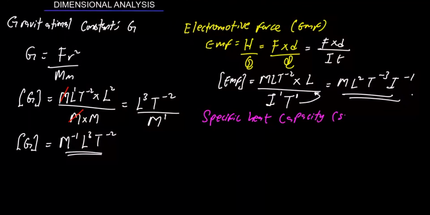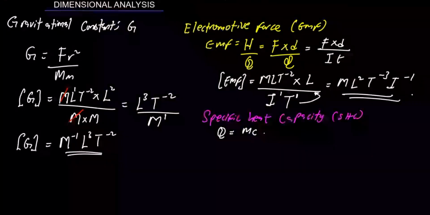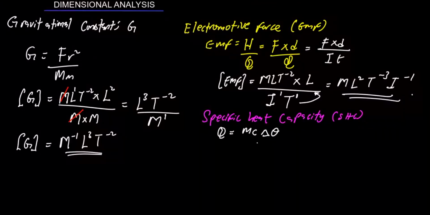Specific heat capacity, which is C. Take note that there's a formula we have to bear in mind, that Q equals MC change in theta. Let me write that, delta theta. All right. If I make my C the subject of the formula, I'll be having Q over M change in theta. Take note that this Q represents energy, right?